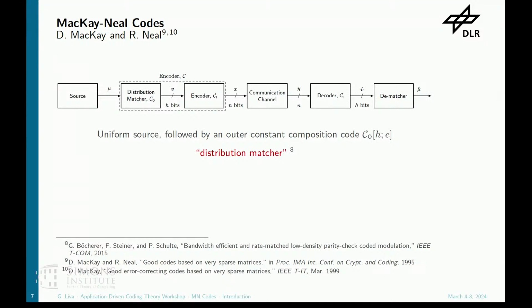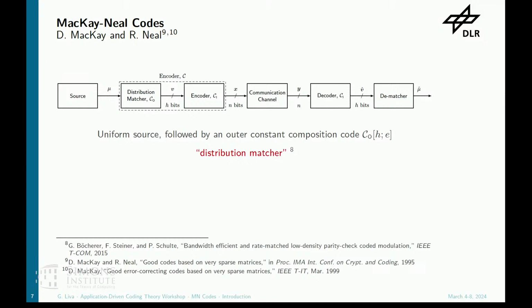This acts as an outer code, a nonlinear outer code, which transforms a uniformly distributed bit stream into blocks that have a prescribed empirical distribution. For instance, blocks that have a constant number of ones. This can be a constant composition code. Then we have a linear block code encoder.